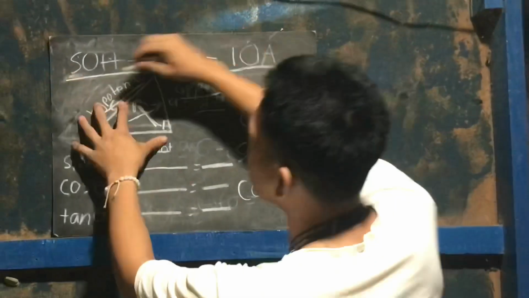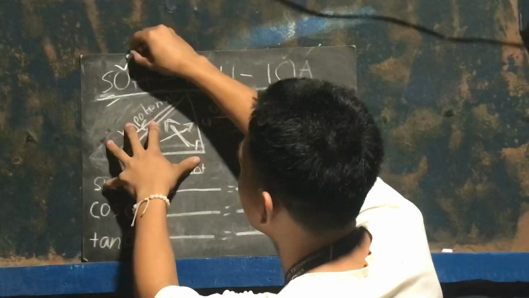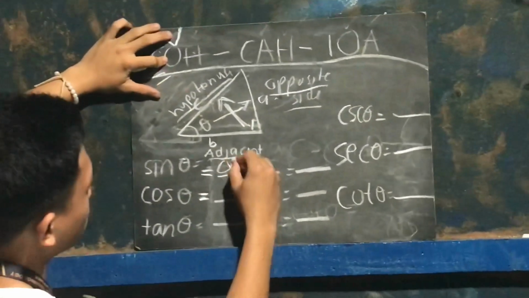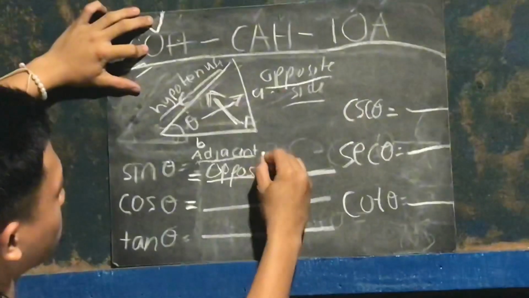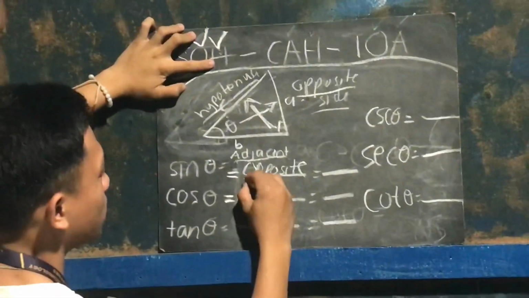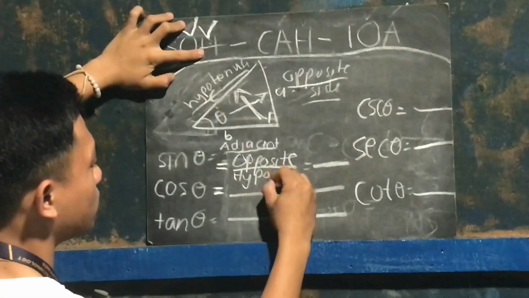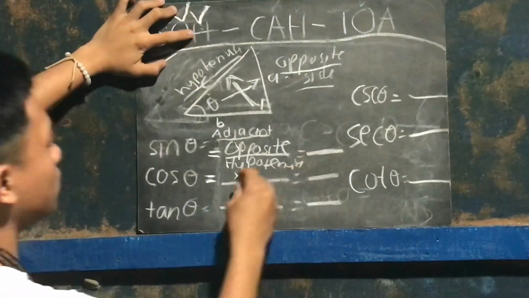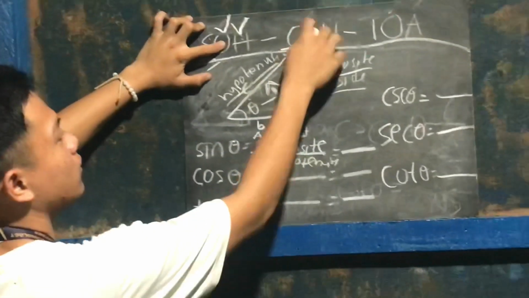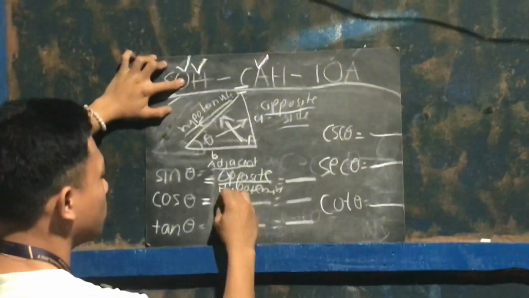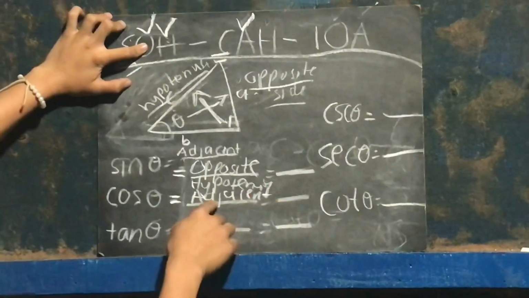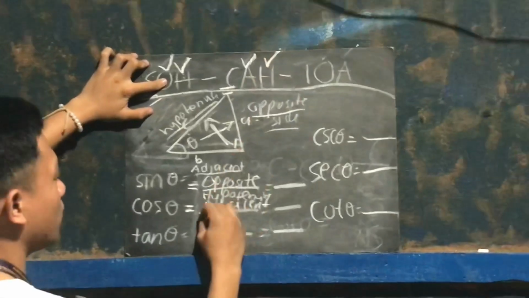Now, S is for sine, and we need to find O, which is the opposite, over H, which is the hypotenuse. And C is for cosine, where we need to find the adjacent over H, the hypotenuse.